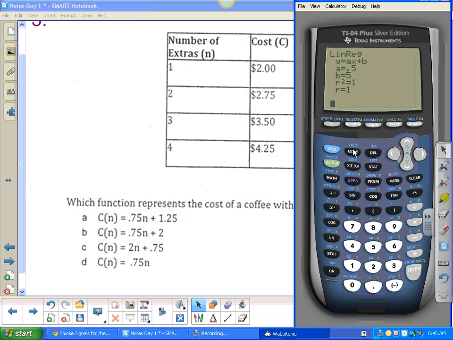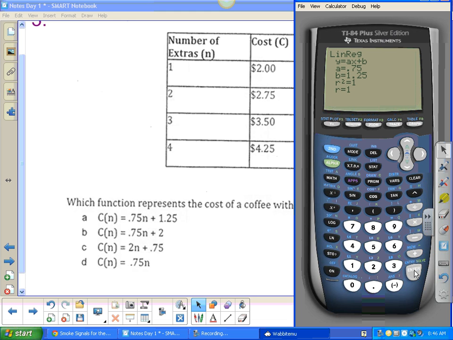Okay, and then I need to quit. So second quit. Now that I've got my information in there, I need to calculate the equation. So I'll go to stat, go over to calc. Remember what number we go to? Number 4, linear regression. Hit enter again, gives us a whole bunch of stuff. And I know you see these R's here. We're going to talk about those in just a second, but right now we're just trying to get the equation.